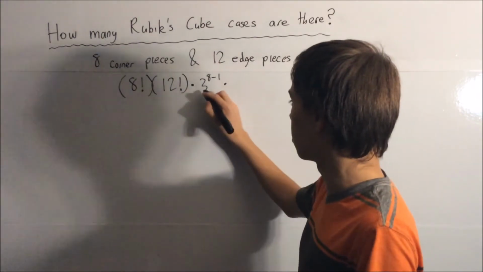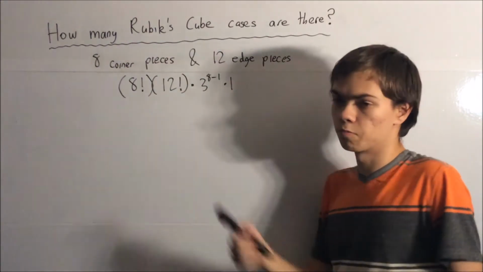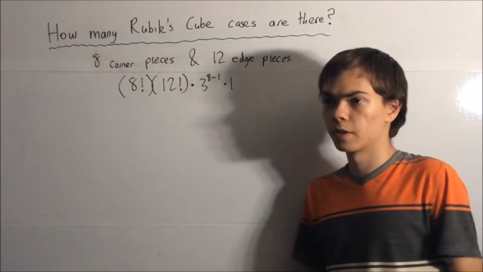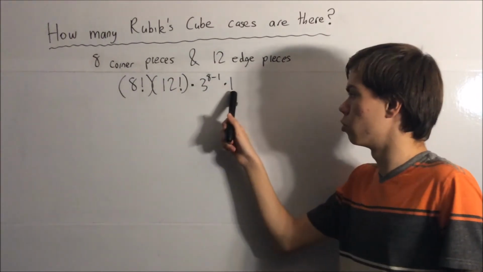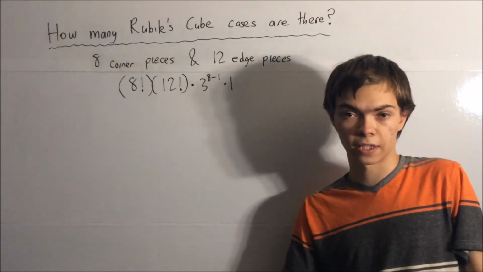And so as a result, I'm just going to multiply by 1 to show that's what we're talking about for the other corner piece and its direction. So now we're able to understand the different directions that exist for the other corner pieces.